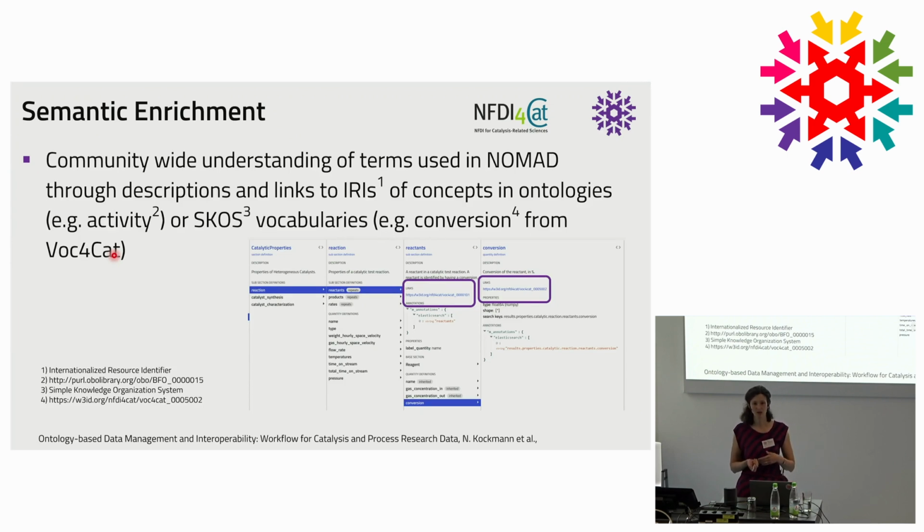Because there is no really general enough ontology for catalysis research, we have started to work together with the NFDI for CAT, which generated a vocabulary called voc4cat, and we've contributed a lot of the vocabulary already that I'm using in these NOMAD schemas.